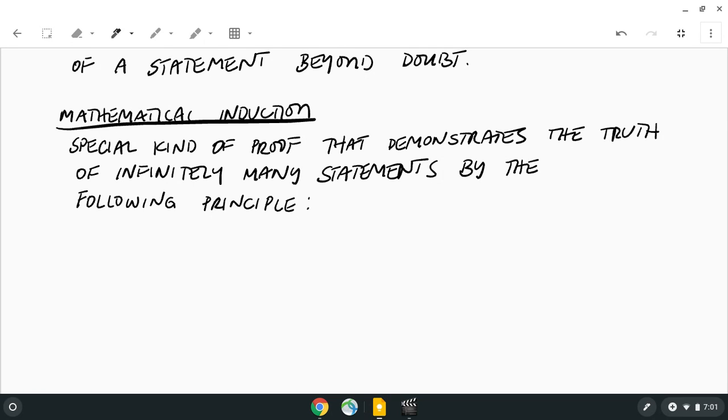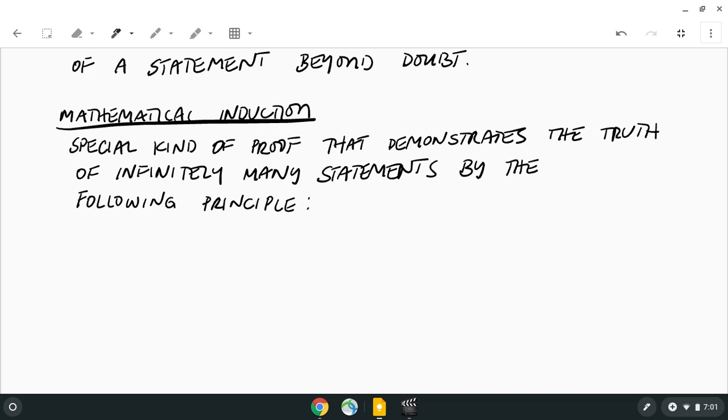So if you think about a sequence, the sum of the first two terms equals this, the sum of the first three terms equals this, and the sum of the first four terms equals this, and then you start to notice a pattern.